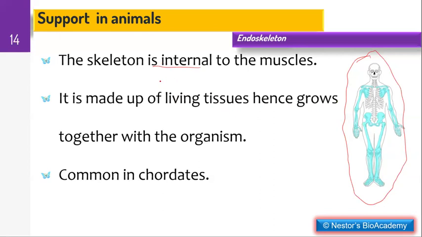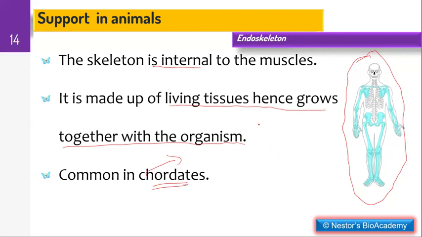Unlike the exoskeleton, the endoskeleton is made up of living tissues. Hence, as a result, it grows together with the organism, eliminating the need for us to have our skeleton being renewed or replaced every time. And this is very common in phylum Chordata. All the vertebrates tend to have the endoskeleton.